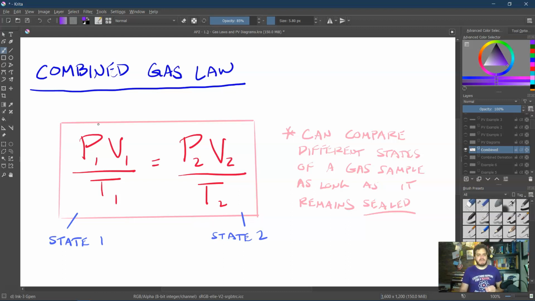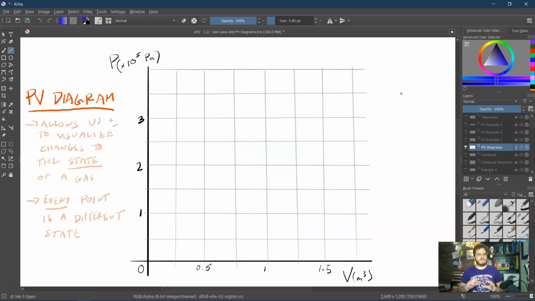I have the gas in one particular state with one pressure, one volume, and one temperature, and then I can quickly move to another state of the gas with a different pressure, volume, and temperature, as long as I know a couple of factors of the new state. So we can compare different states of a gas as long as the gas remains sealed and the amount of gas remains constant.